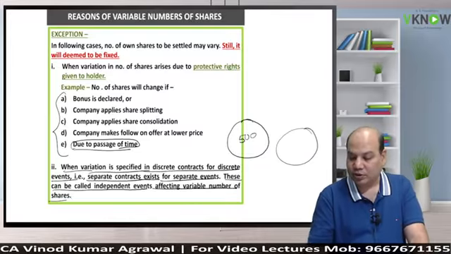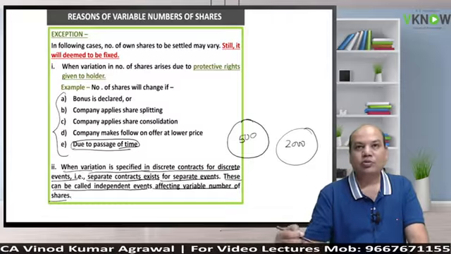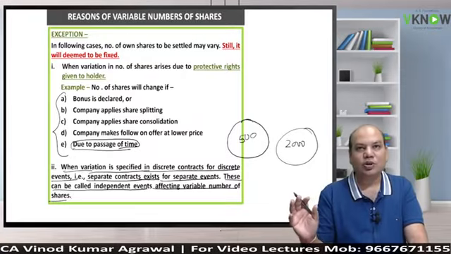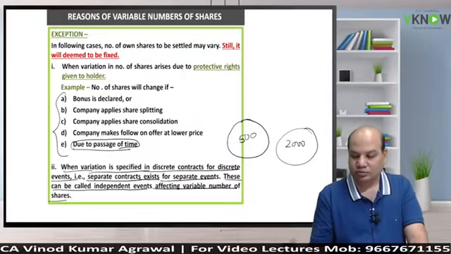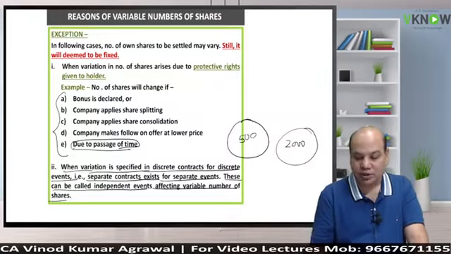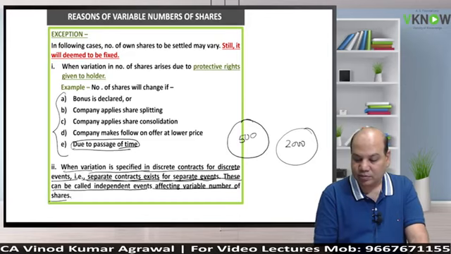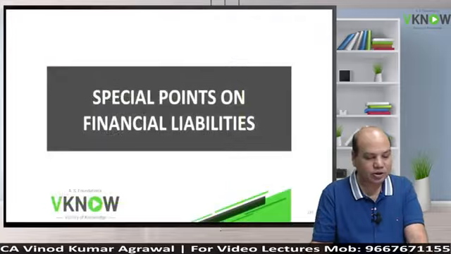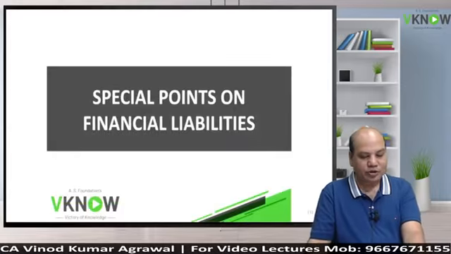If profit is 2000 crore, 2000 shares will be issued. So this will be called variable. No question on this. Enjoy.